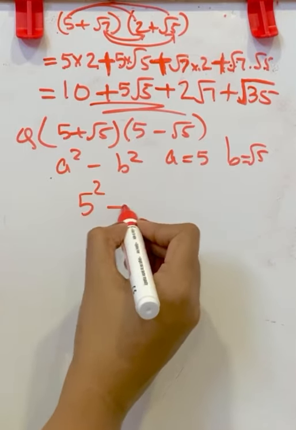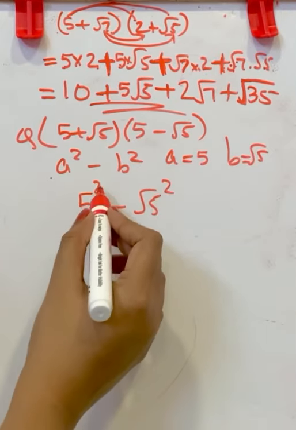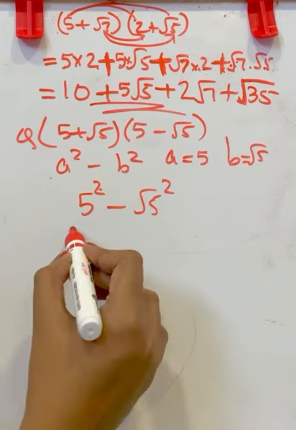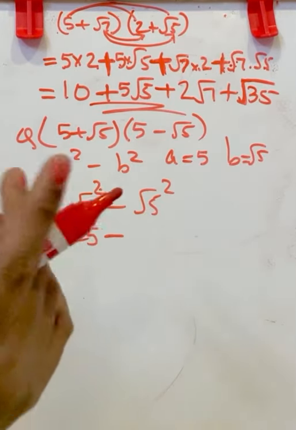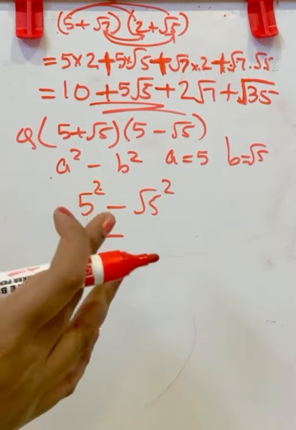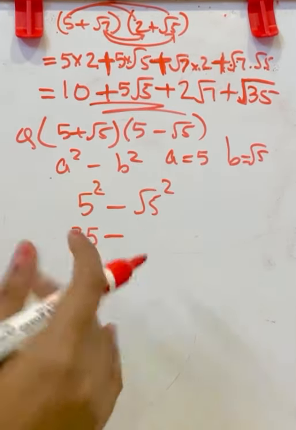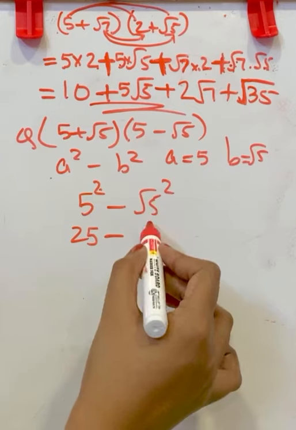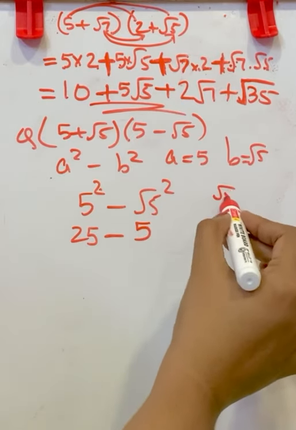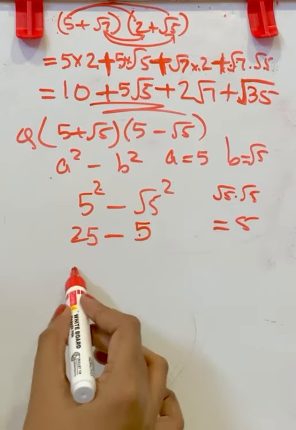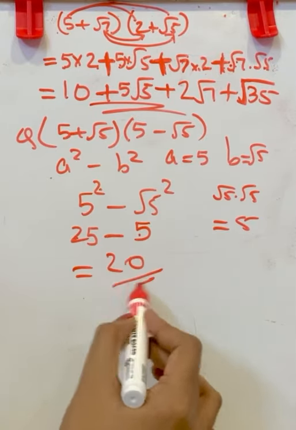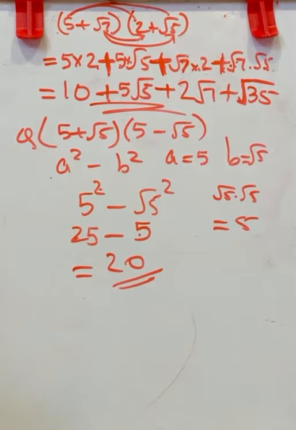It is 5 square minus (√5) square. 5 square, 5 into 5, that is 25 minus (√5) square. You know, any number with a root, squaring it, you will get that number without the root. That is (√5) square gives 5, that is √5 into √5. The answer is 5. 25 minus 5, the result is 20. So, the answer of this question is 20.